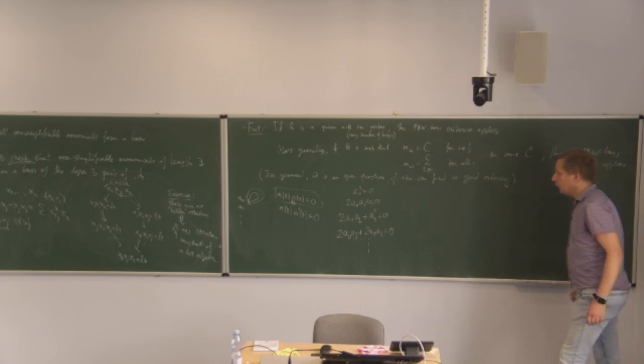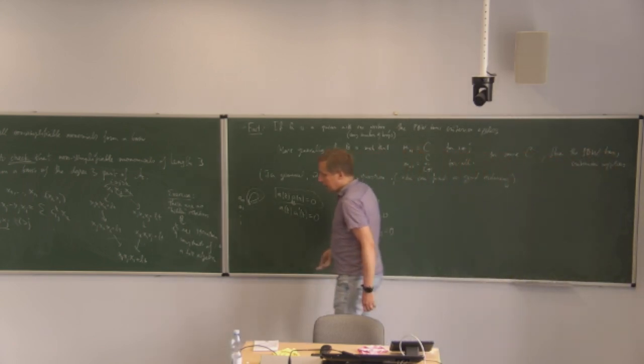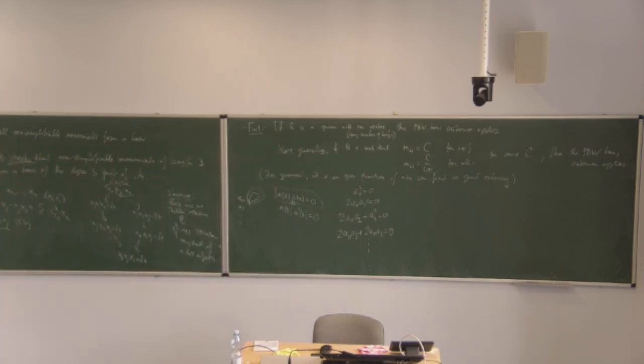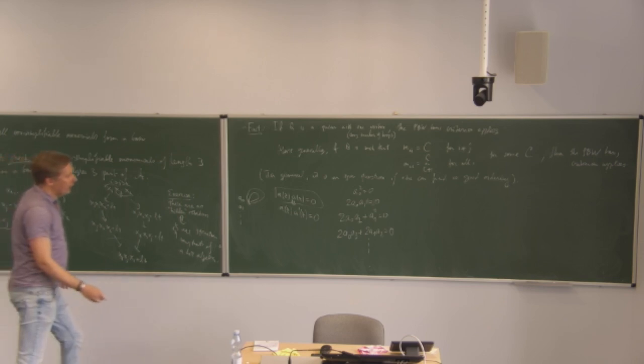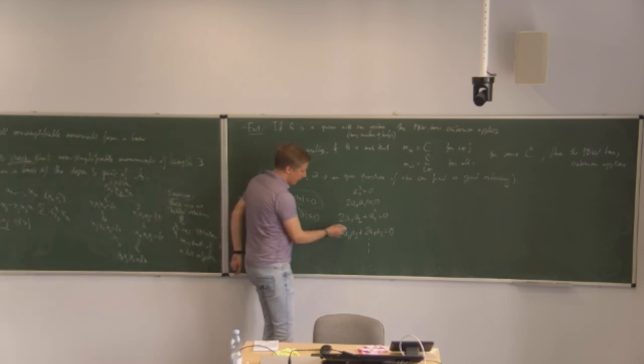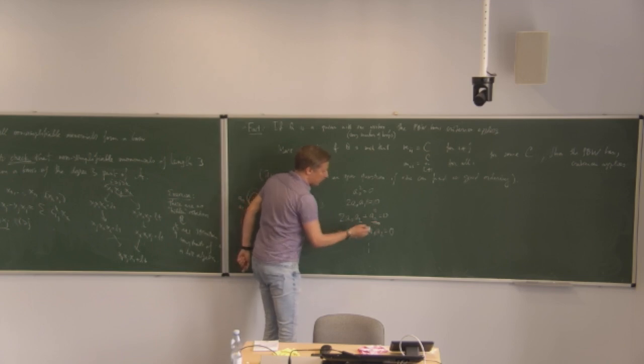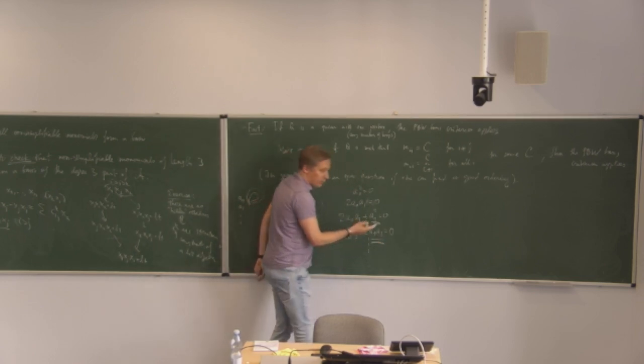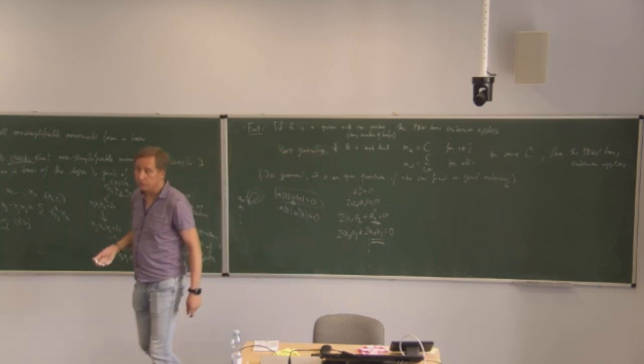I'm going to say that the bigger i, the bigger the generator A_i is. So the presence of A_0, for example, makes this one smaller. So here the leading term is A_1 squared, here the leading term is A_1 A_2, and so on.